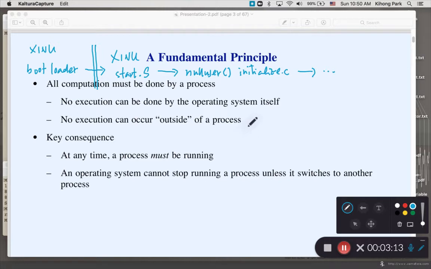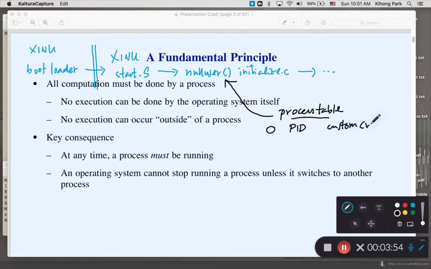Here what I'm going to emphasize is that at some point in the code of nulluser, this guy here, we notice that it sets up this important kernel data structure called a process table, and it inserts an entry for the first entry, 0th entry, and calls itself process with PID, with process ID 0. And we said that it is this guy who custom crafts itself.